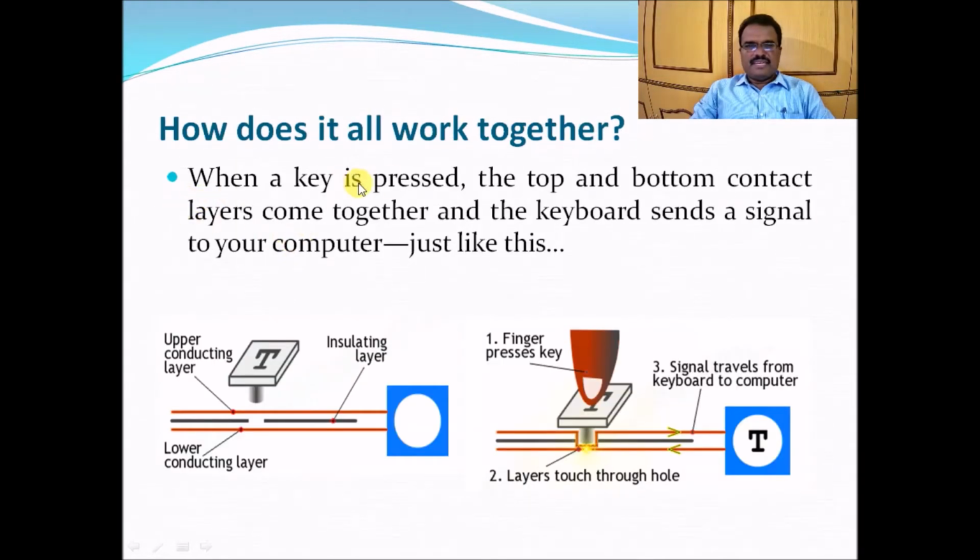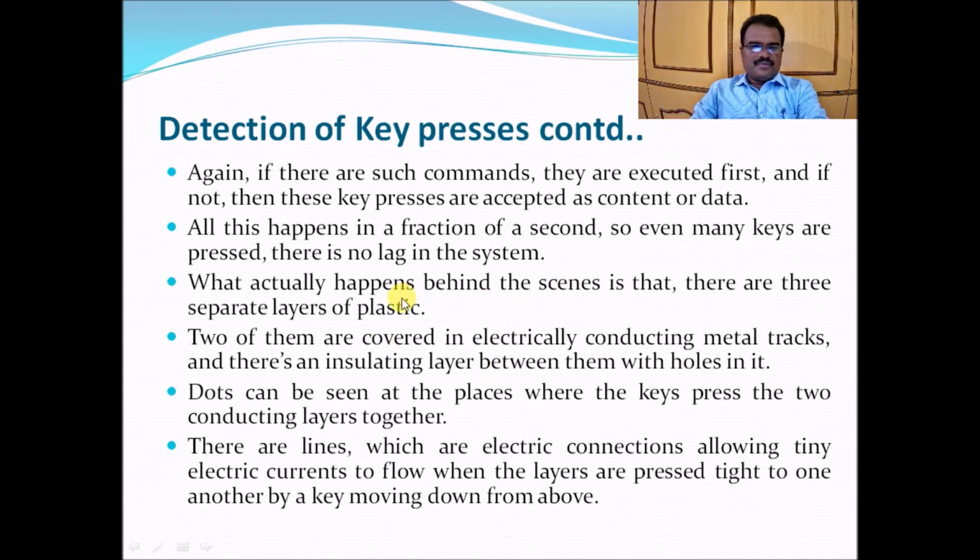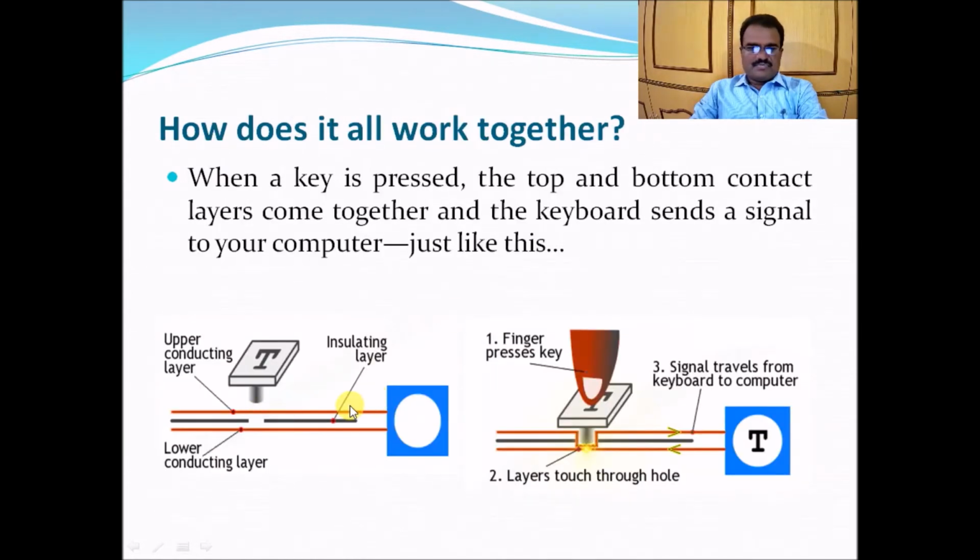So when a key is pressed, the top and bottom contact layers come together and the keyboard sends a signal to the computer. Here this is the upper conducting layer, this is the lower conducting layer, and this one is the insulating layer. So there are three separate layers of plastic.